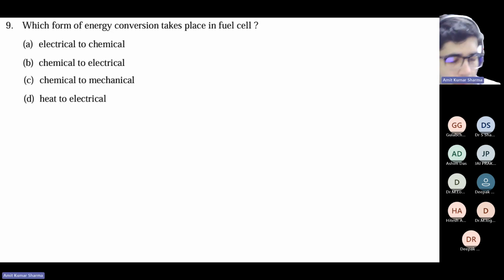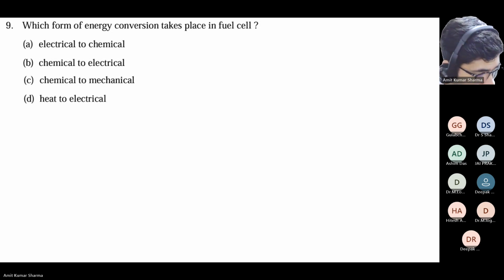So what is a fuel cell? In the fuel cell, we inject the hydrogen, so the electrons are generated. It's like a reverse of an electrolyzer. In a fuel cell, hydrogen gas and oxygen are fed as reactants, and inside, the rebonding happens and in turn electrons are produced.